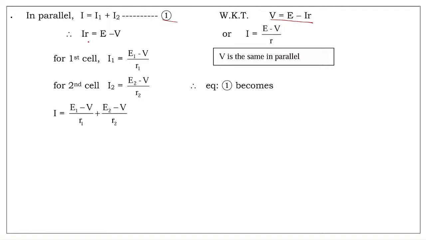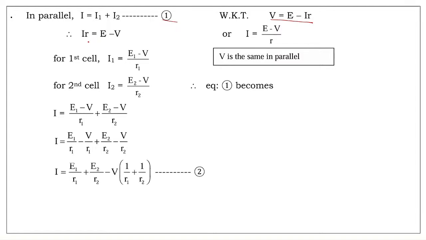I is equal to (E1 minus V) by R1 plus (E2 minus V) by R2. This can be written as I is equal to E1 by R1 minus V by R1 plus E2 by R2 minus V by R2. Therefore, I is equal to E1 by R1 plus E2 by R2 minus V into bracket 1 by R1 plus 1 by R2.